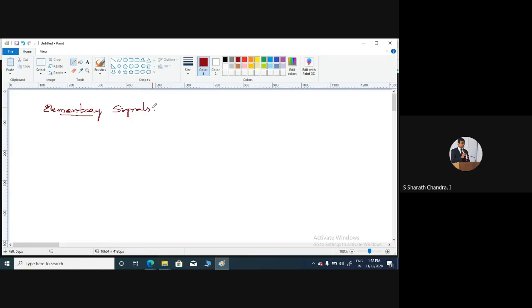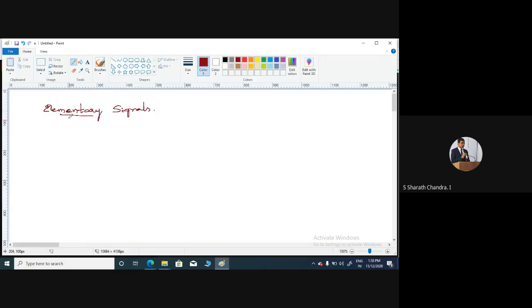These elementary signals serve as the basic building blocks for the construction of more complex signals. In fact, these elementary signals may be used to model a large number of physical signals which occur in nature too. These elementary signals are sometimes also called standard signals.